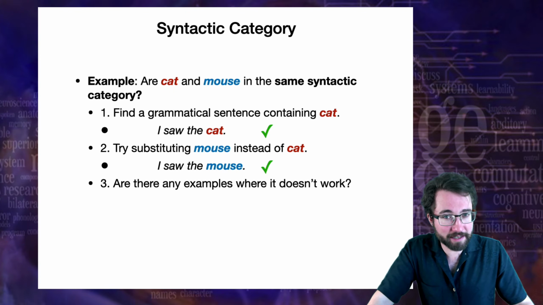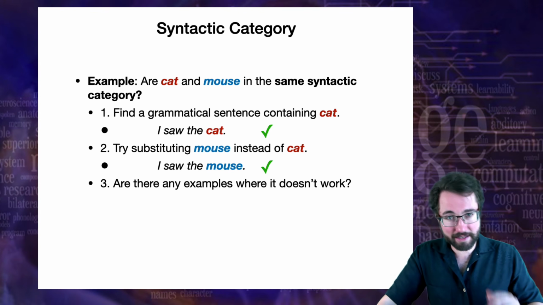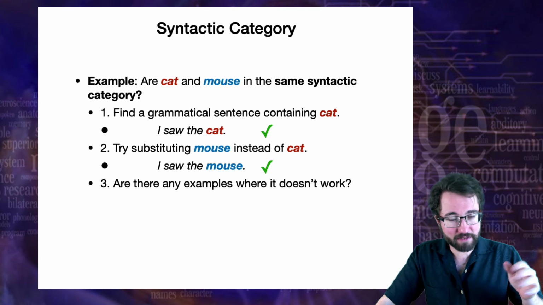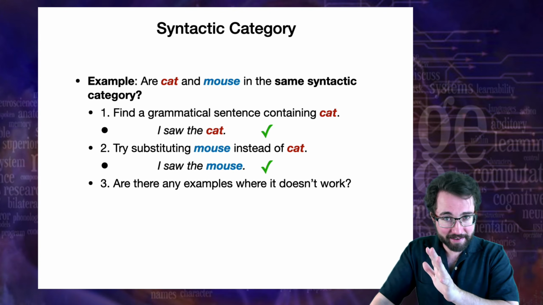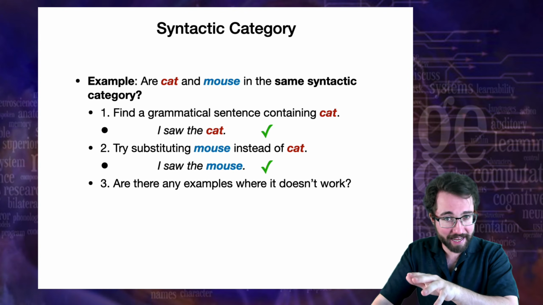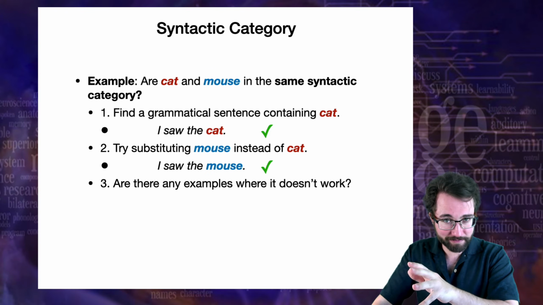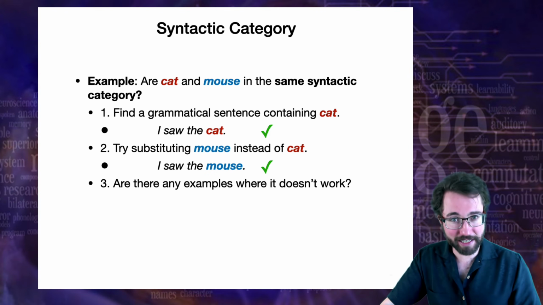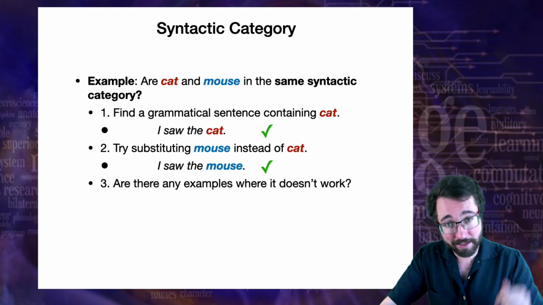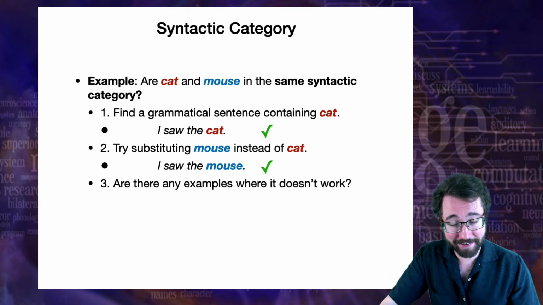Now, can you think of any examples where it doesn't work? If you're following along at home, try to do this. Find a sentence that has cat in it. Try dropping in mouse instead of cat, and ask yourself, is the resulting sentence ungrammatical? It might take a few minutes. You should go through a few examples in your head. If you can find any counterexamples, leave them in the comments below here.